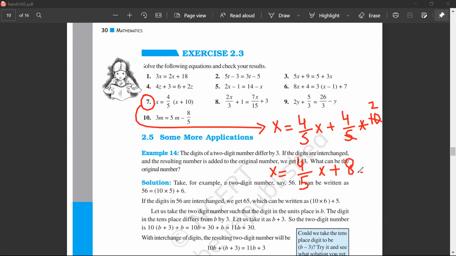Sarthak, is it okay? Yes, sir. What should I do next? So we'll solve the right side of the equal to and. Have you understood? Yes, sir.